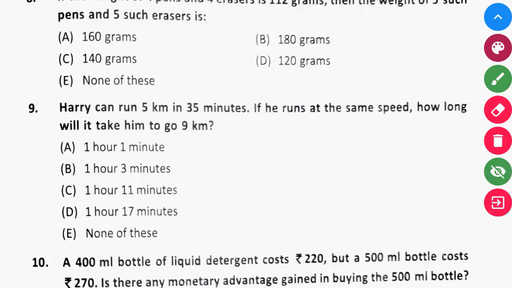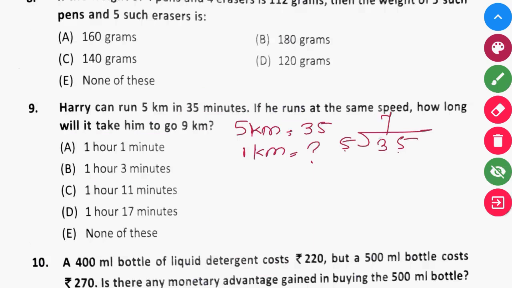The other method is 5 kilometers in 35 minutes. So 1 kilometer in how many minutes? So divide 35 by 5. 5 sevens are 35. 7 minutes he will take to run 1 kilometer.